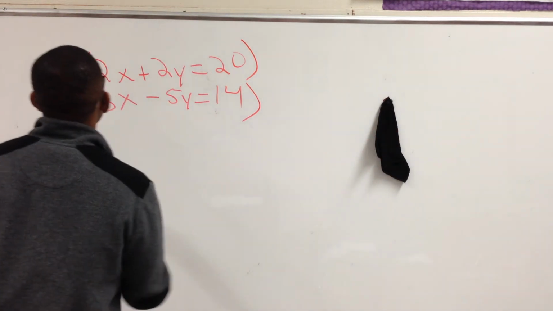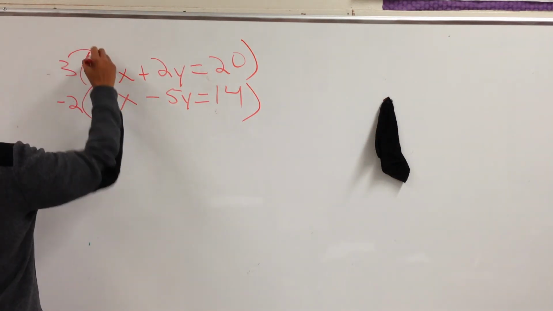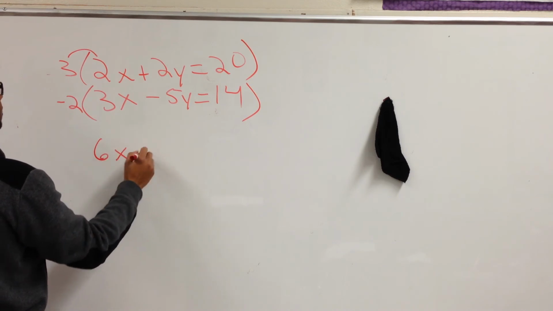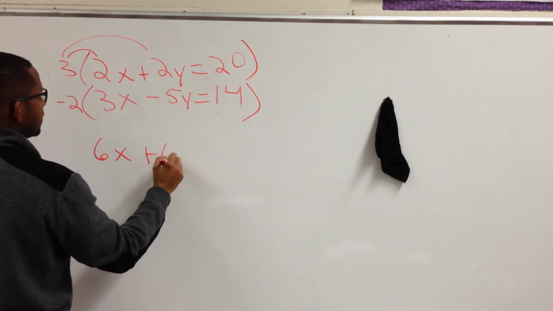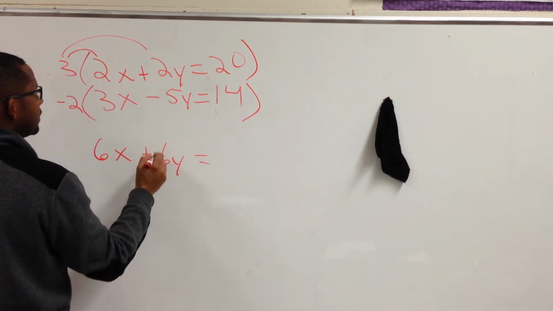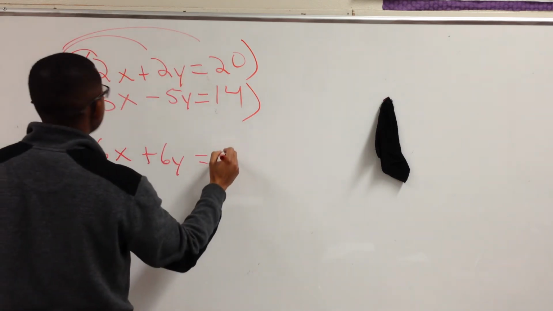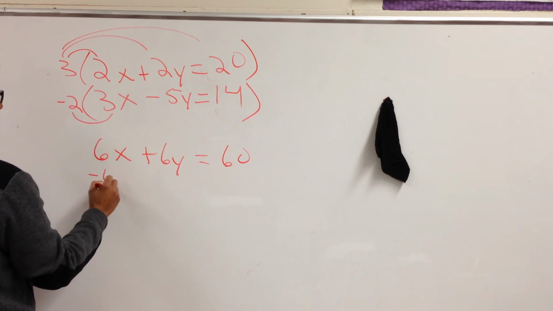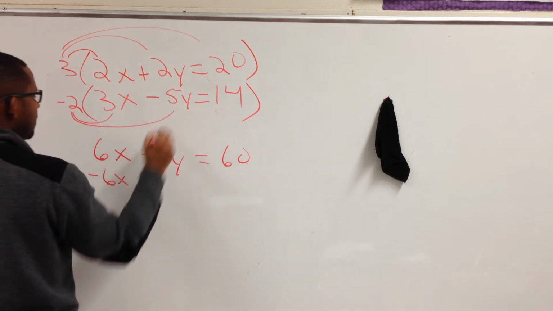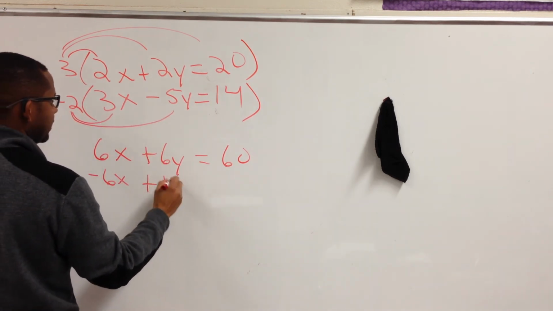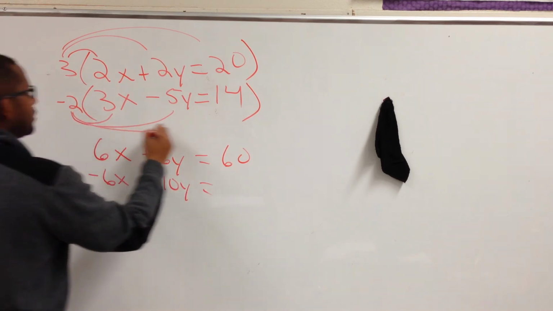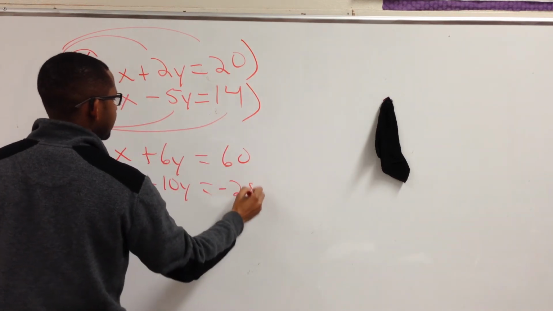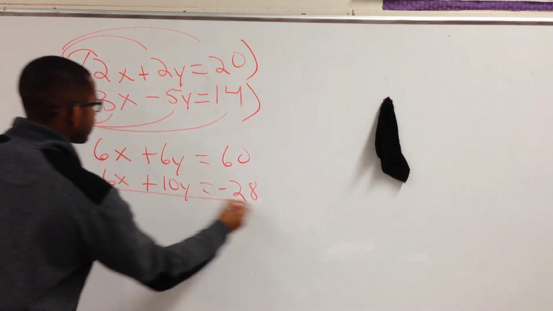So I end up with, I'm going to put it down here, 6x plus 6y equals, 3 times 20 is 60. And down here I end up with -6x plus 10y equals -28.